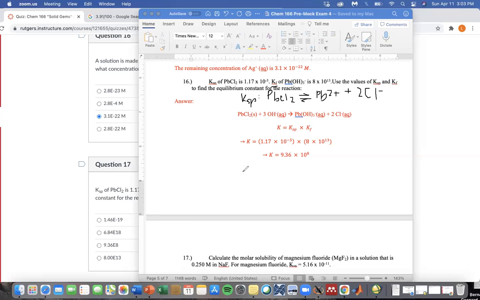And then your Kf expression for Pb(OH)3 would be, oh, sorry, I think this should actually be a product. So you'd have Pb2 plus plus 3OH minus yields this Pb(OH)3 minus.